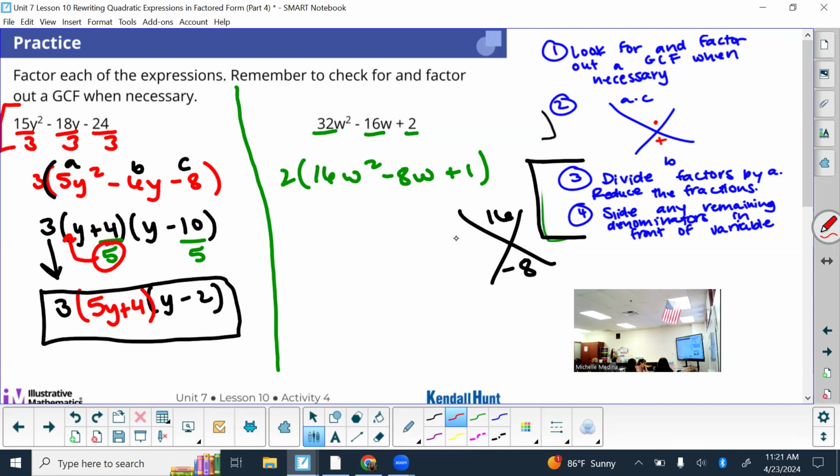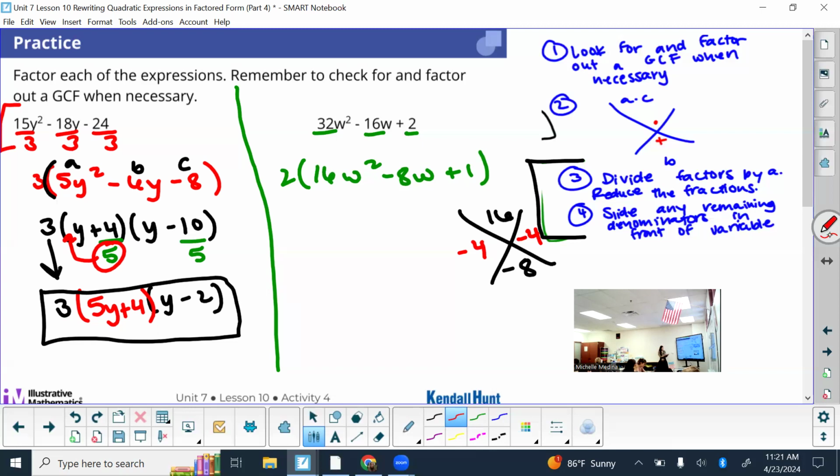What are some numbers that multiply to 16? 4 and 4. Okay, this could possibly give me a -8 if I do what? Make them both negative. That's how it can multiply to a positive but add to a negative.